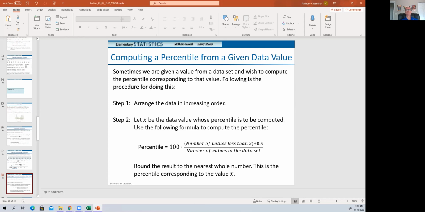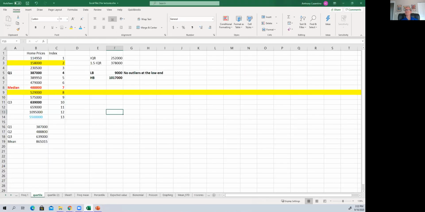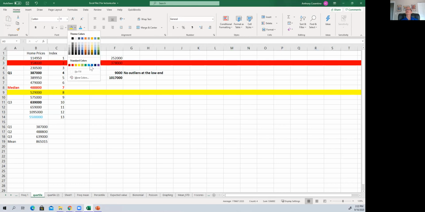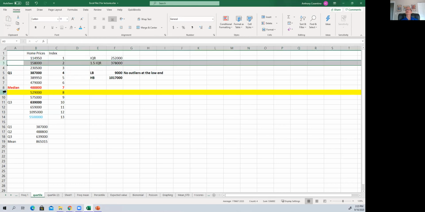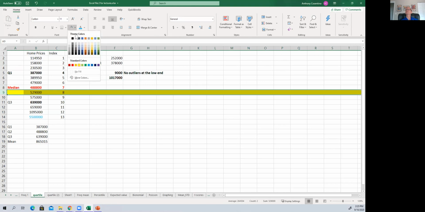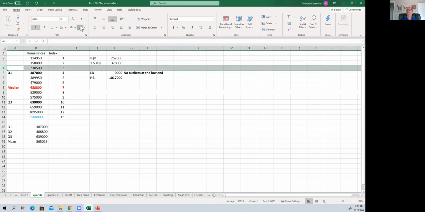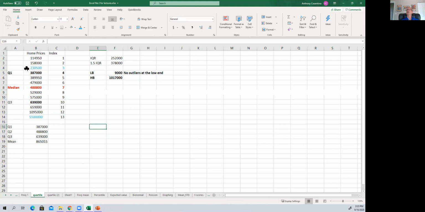So let's take a look at our data. Let's not fill these so we clean it up a little bit. And now let's calculate the percentile of item number 3 here, which would be 230,500.